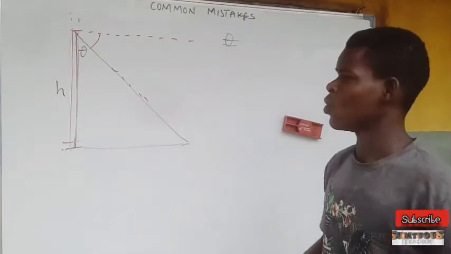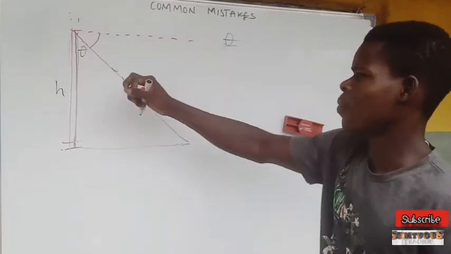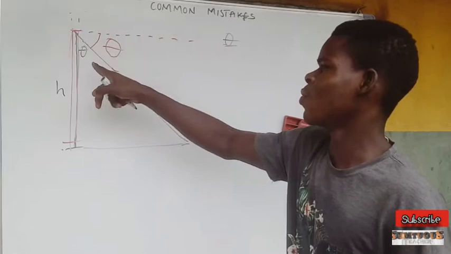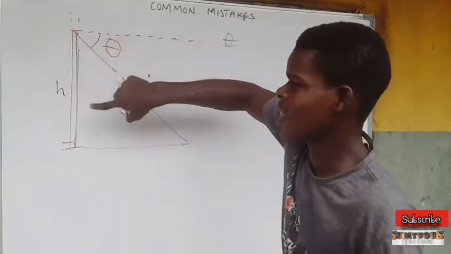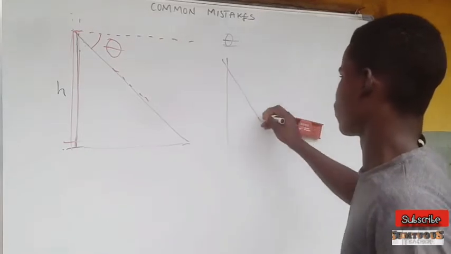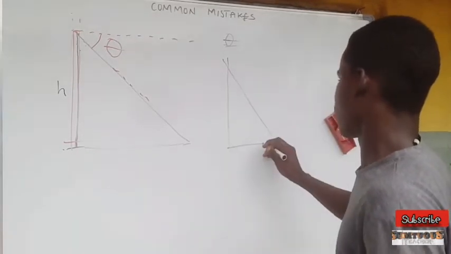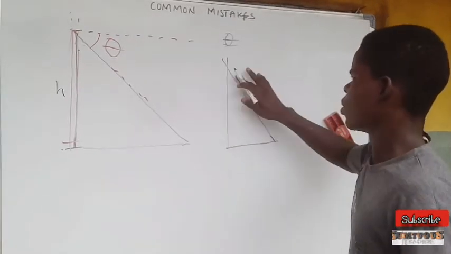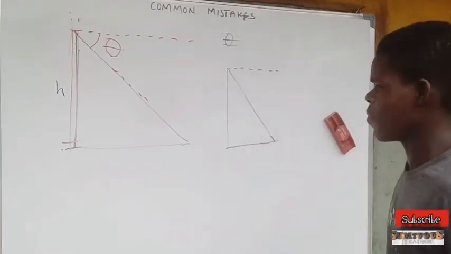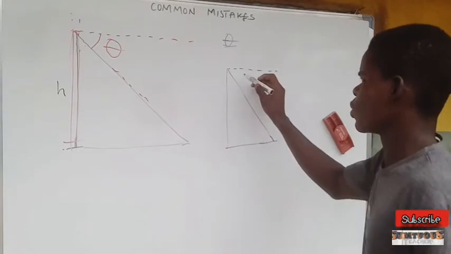This now forms an angle. So, straight up, and you turn down. This is actually the angle of depression. It is not here. Let me draw it out. If you have this triangle from the question, you have a normal view in that manner, so your angle of depression is here.